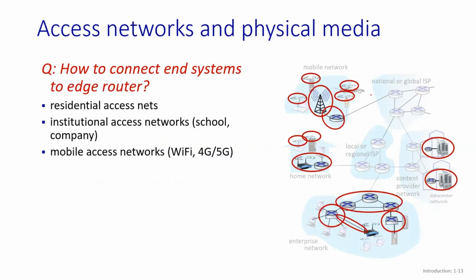So how are end systems connected to the edge router? From now onwards, we are going to study how your home is connected to the internet. You may have a DSL modem at your home.